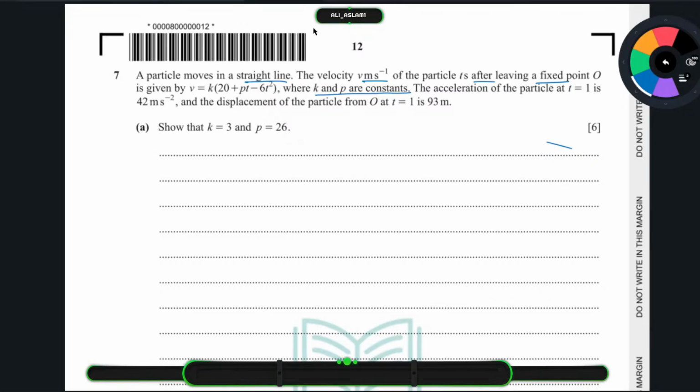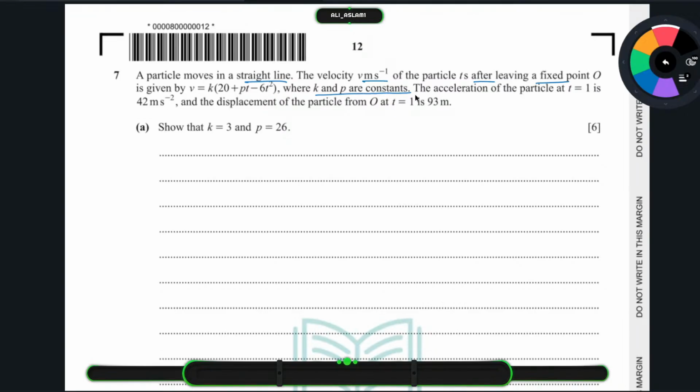So they have given us a particle. k is a constant.